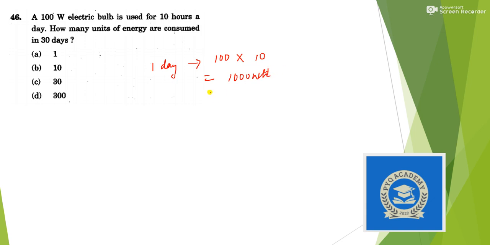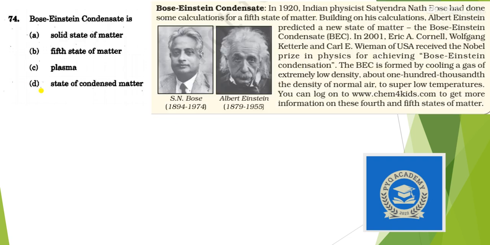That is 1 kilowatt hour, and 1 kilowatt hour is 1 unit. So for 30 days it will be 30 units. If in one day 1 unit is consumed, then it will consume 30 units in 30 days. So our answer is option C, 30 units. Let's move to the next question.